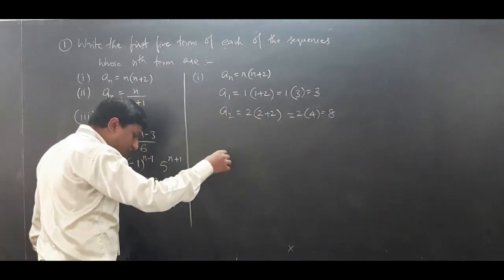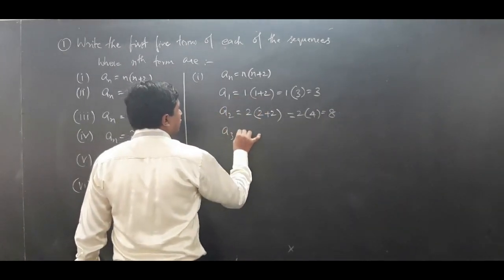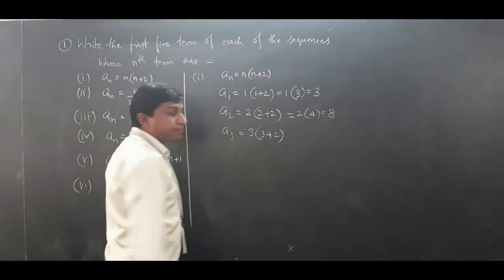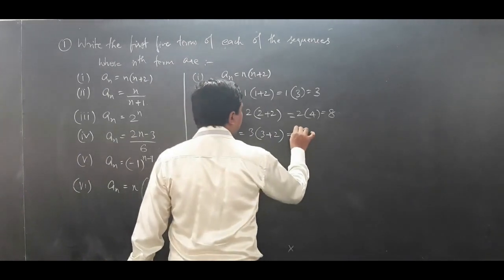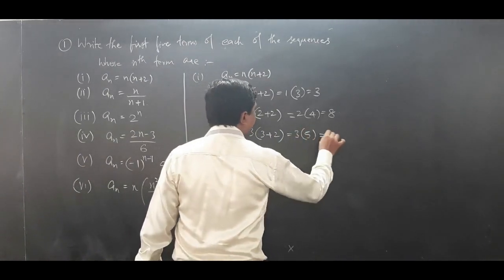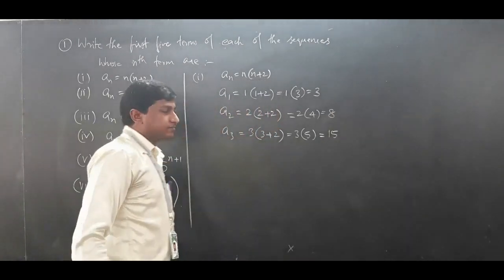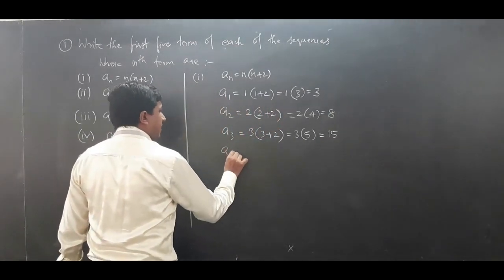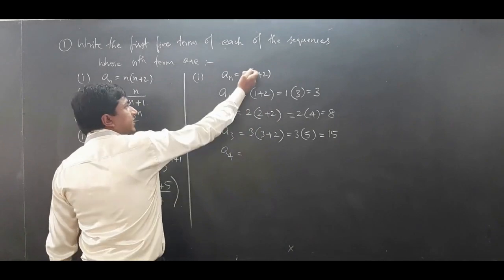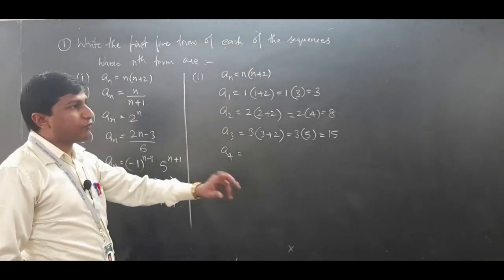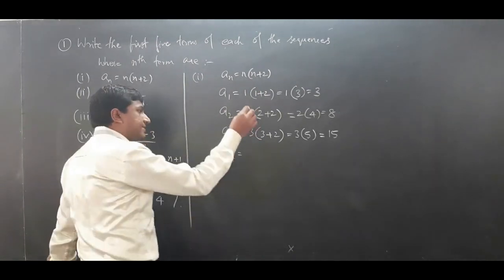Then A3, what is A3? 3 into 3 plus 2, which is nothing but 3 into 5, which is nothing but equal to 15. Fourth term, A4, all we are doing is we are putting in the place of n 1, 2, 3, 4 and finding out the answer.